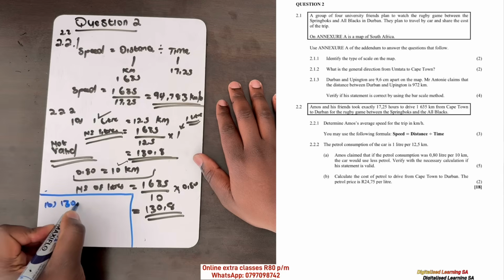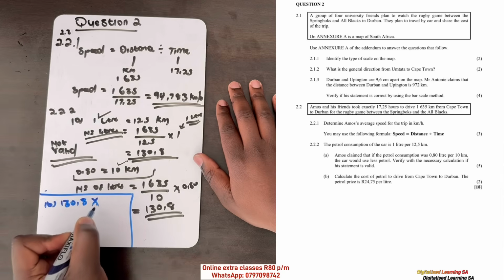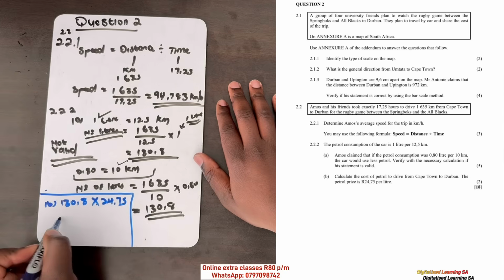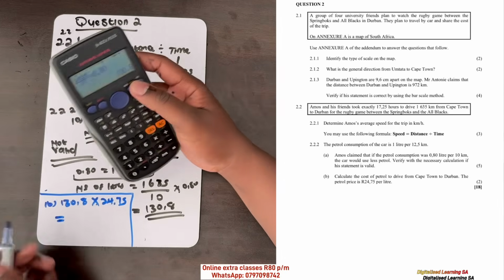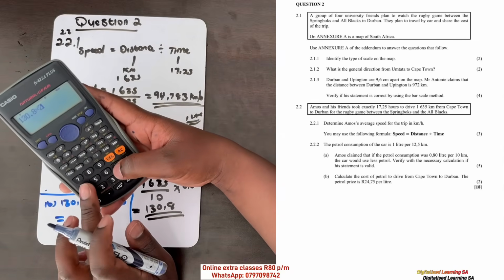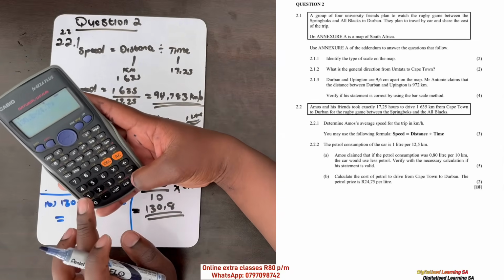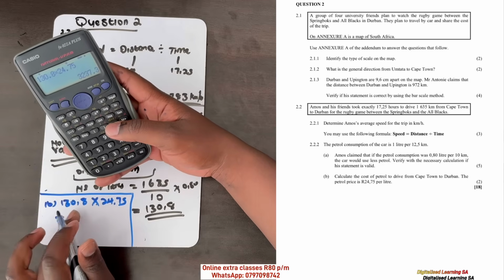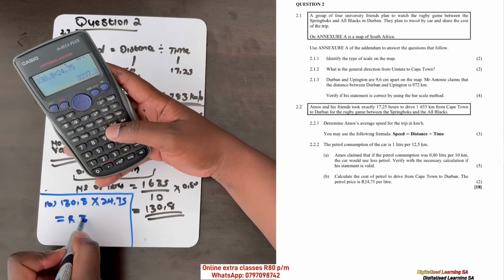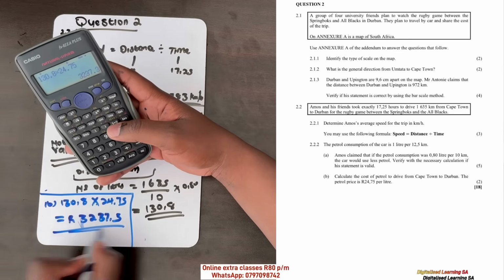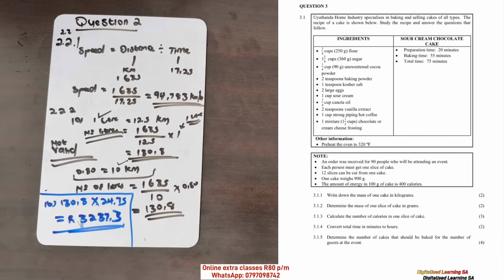We need 130.8, and then we multiply by the price per liter, which is 24.75. So it will be 130.8 multiplied by 24.75, and we can see that the cost will be 3,237.3. And then this brings us to the end of question 2.